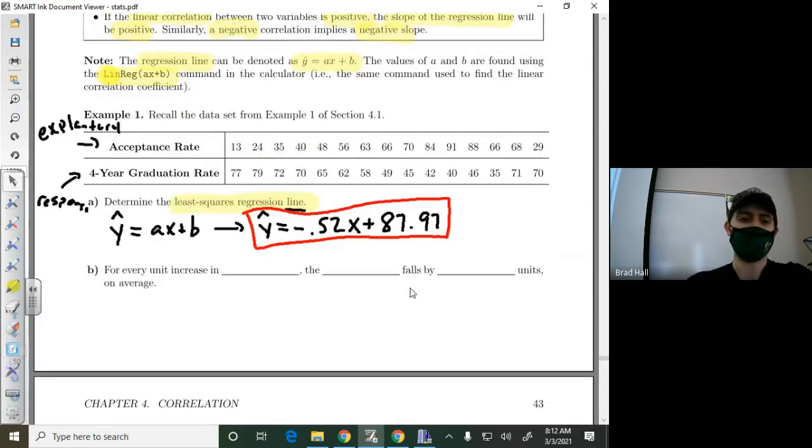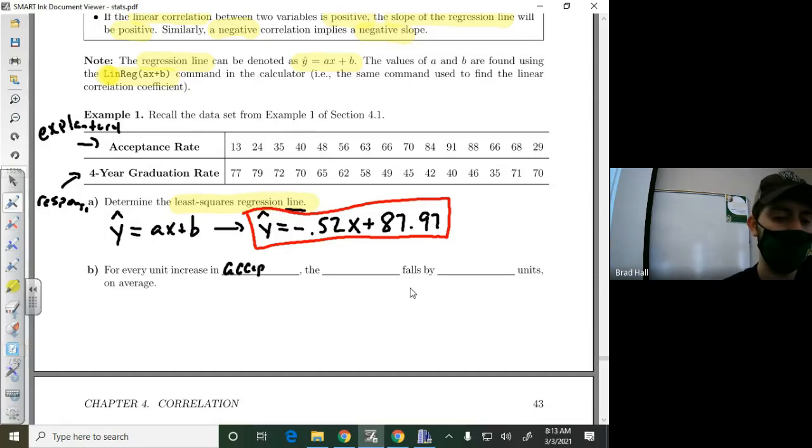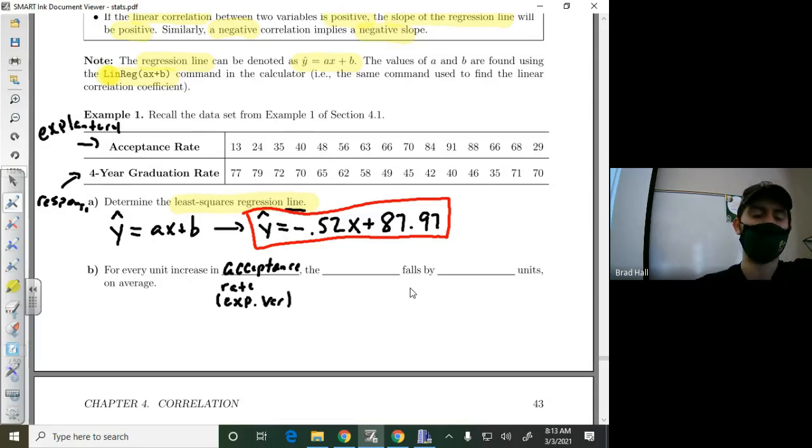So the way we can interpret this, remember the slope will give us an idea about the rate of change, just like as you've probably learned about in high school with mx plus b. So every unit increase in acceptance rate, or in other words, the explanatory variable, every unit increase in the x value, the y value is going to fall.